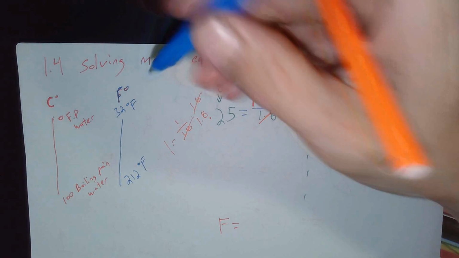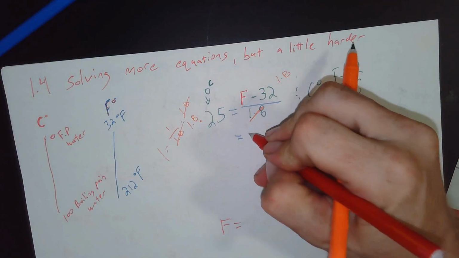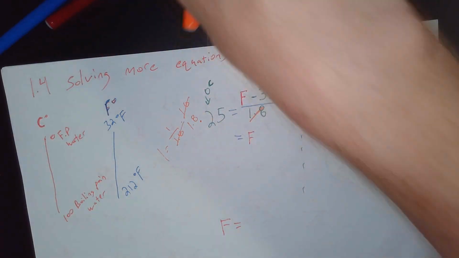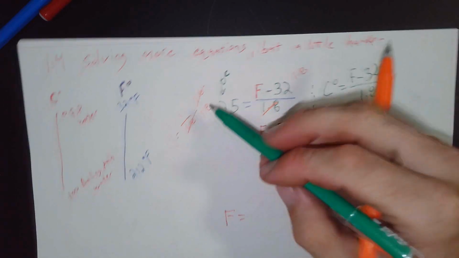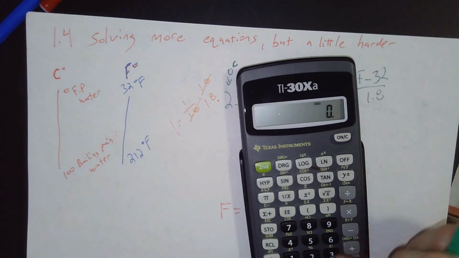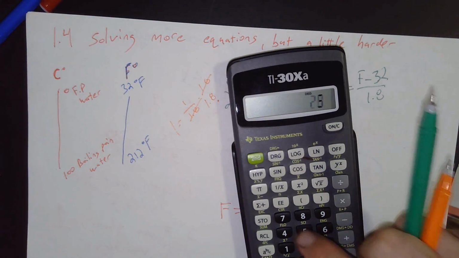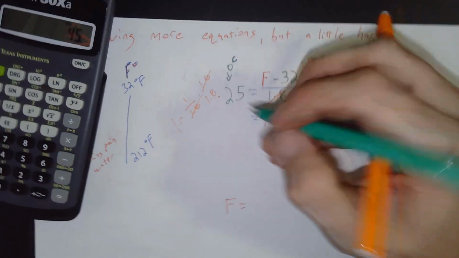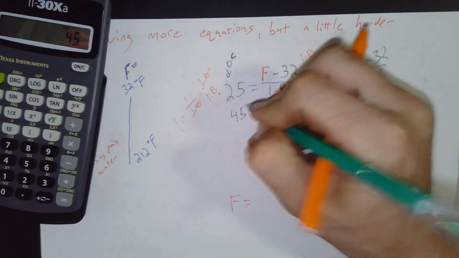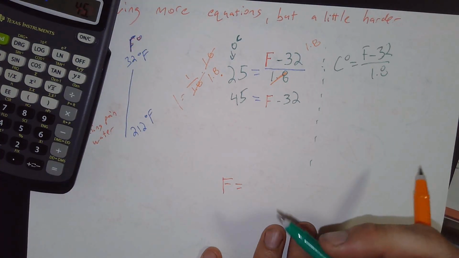On the right-hand side, all I'm left with is F minus 32 equals whatever 1.8 times 25 is. So 1.8 times 25 is 45. So it equals 45 degrees.